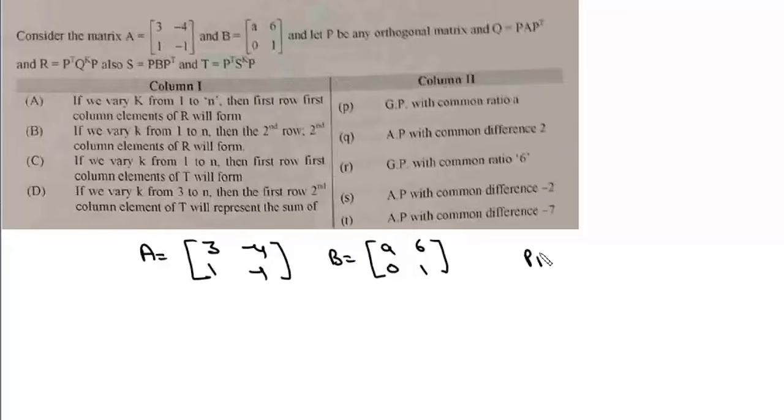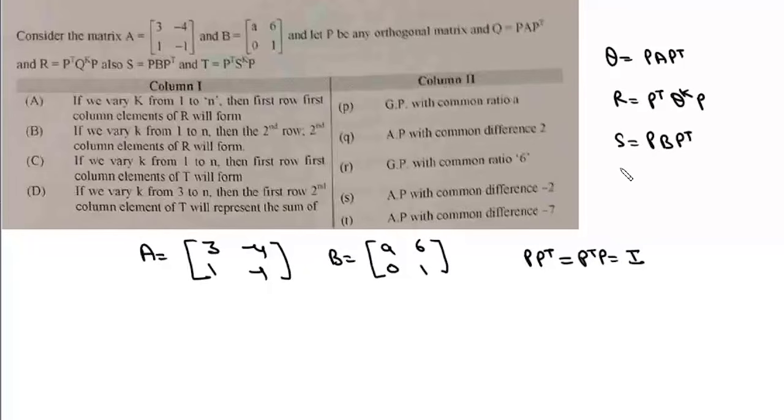That means P into P transpose is equal to P transpose into P, and it is equal to I. And we are given that this Q is P A P transpose and this R is P transpose Q to the power K into P. Also S is P B P transpose and T is P transpose S to the power K into P.